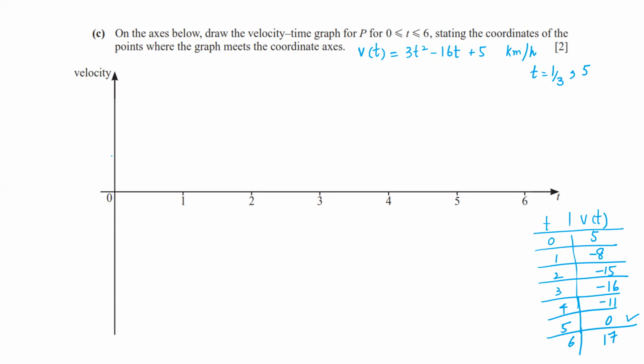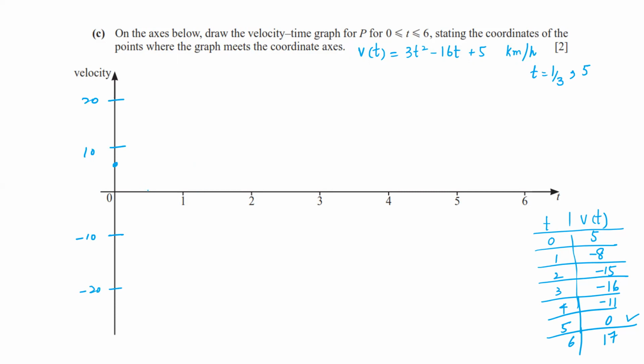So divided in between sets of 10 and 20. For example, 10 here, 20 here. Similarly, minus 10 here, minus 20 here. So at 0, my velocity is 5.